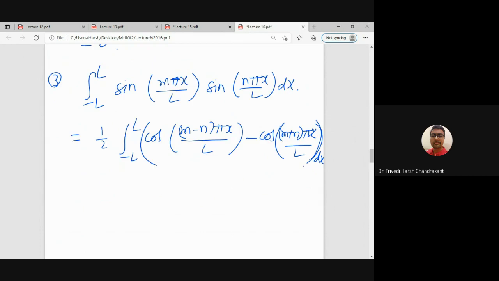Then again using the first formula for the cosine function, this turns out to depend on the values of m and n. If m and n are different, you can verify that this value is 0, and if they are the same, then the value is L, because if it is the same, this part will be cosine of 0, right? So in that case, you will get the value L.